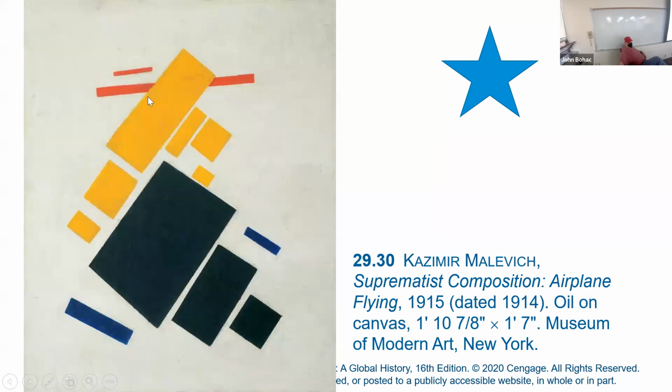Except these are kind of really very calculated, a little bit more geometric, and they're painted. It's going to be kind of hard to see through this what exactly is the airplane and how is it flying. You don't really see the wings. You see a bunch of geometric shapes.